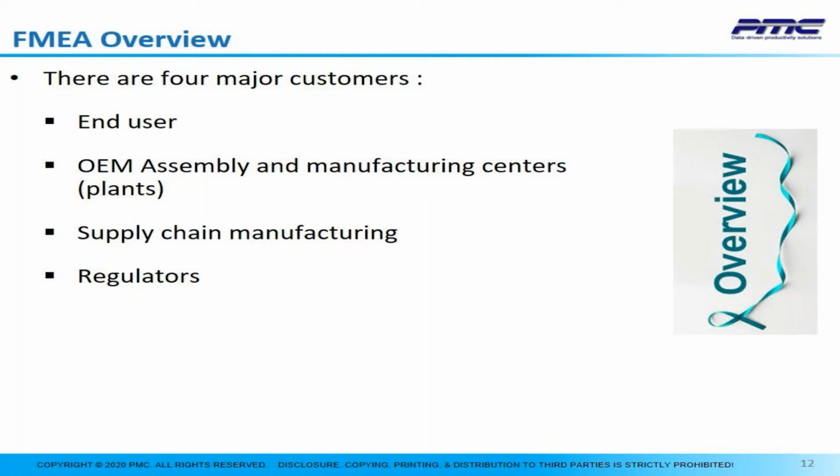This is the OEM locations where manufacturing operations and the vehicle assembly take place. Supply chain manufacturing, the supplier location where the manufacturing, fabricating, or assembling of production materials or parts take place. And finally, the regulators. These are the government agencies that define requirements and they monitor the compliance to safety and environmental specifications.